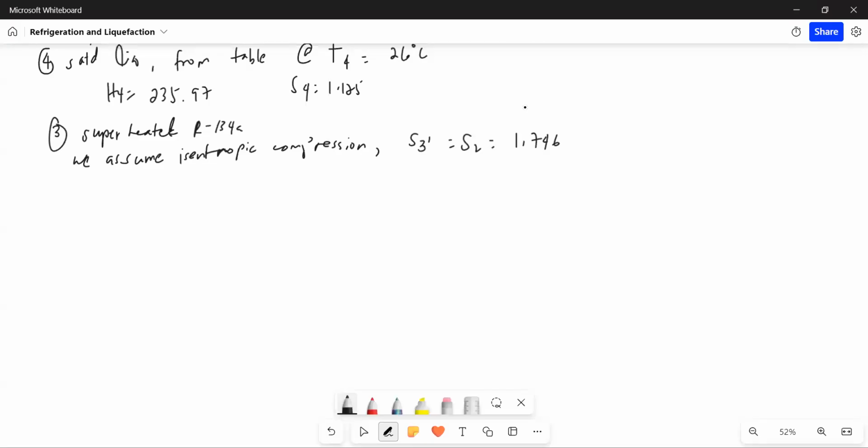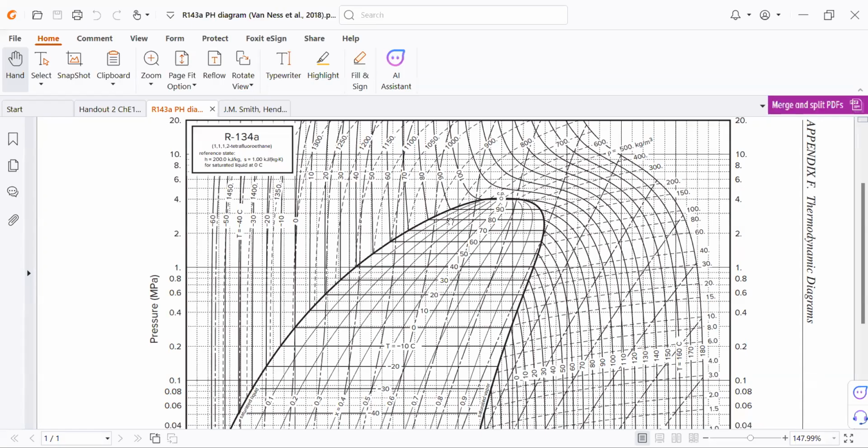So use this diagram to read the enthalpy of tetrafluoroethane using the entropy value. But we don't know the pressure at point 3. So how can we know the pressure?